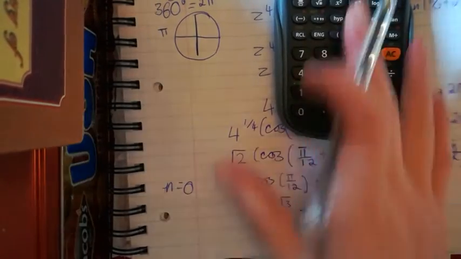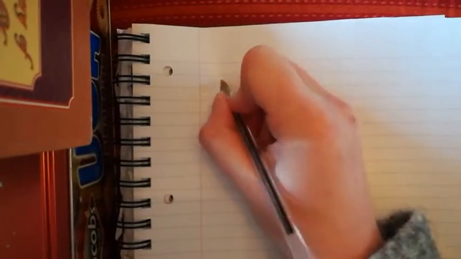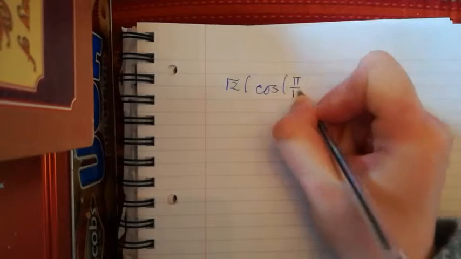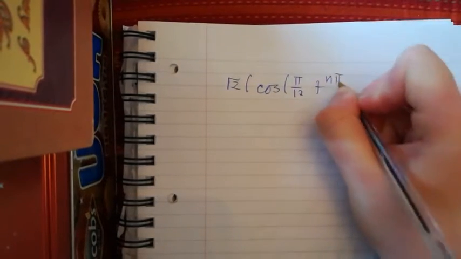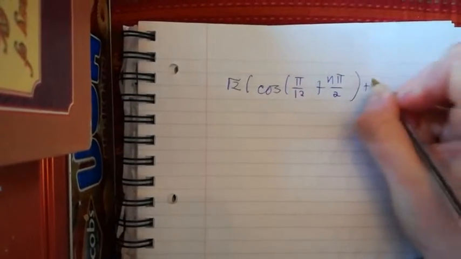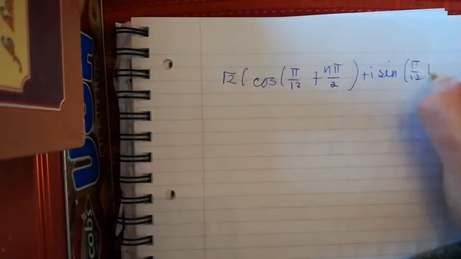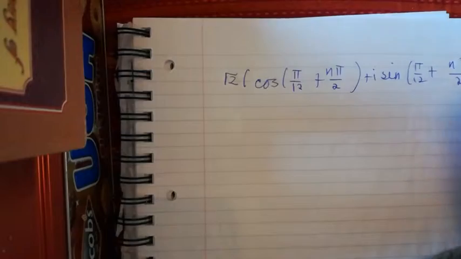And I'm going to go on to a new page for n equals 1. Just bear with me 1 second. So I'm just going to write out our general polar form. So it's going to be root 2 by cos of pi over 12 plus n pi over 2, plus I sin of pi over 12 plus n pi over 2.